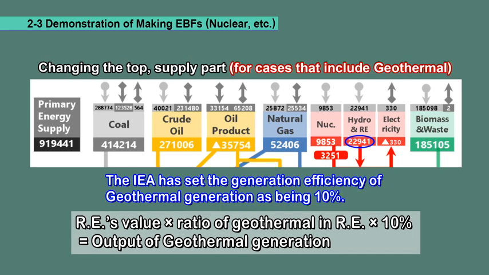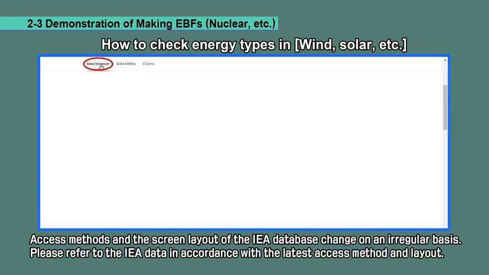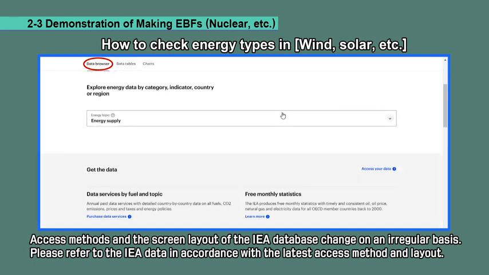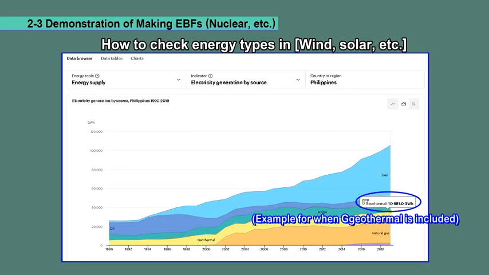There is no geothermal power generation in India, but if RE includes geothermal, calculate electricity output by multiplying by 10%. To identify the energy sources in wind, solar, etc., go to the data browser to see the specific electricity generation types.